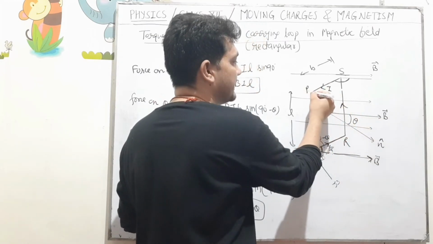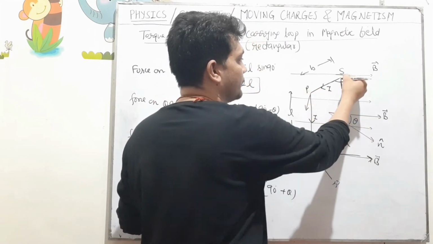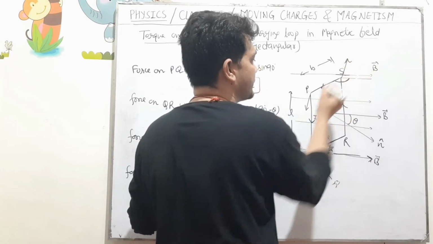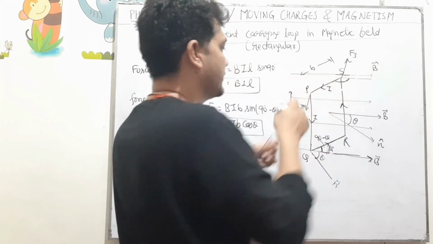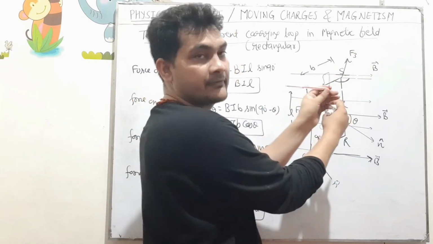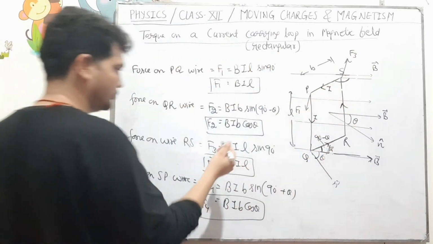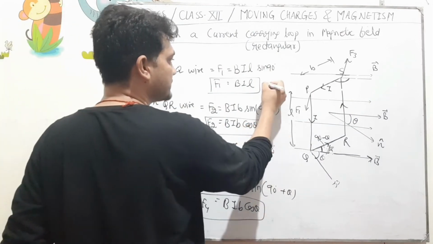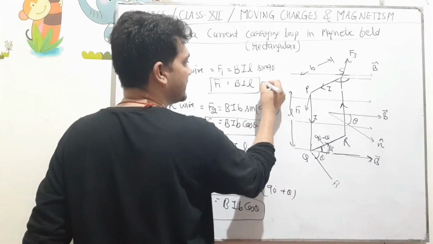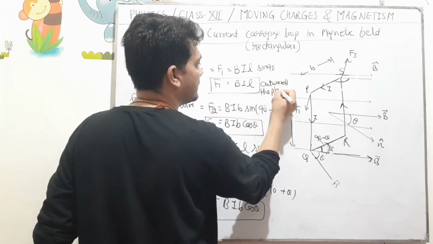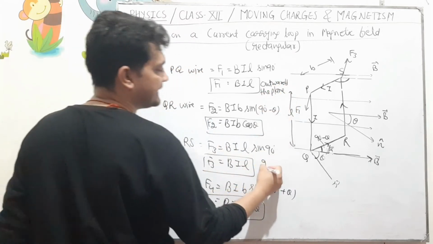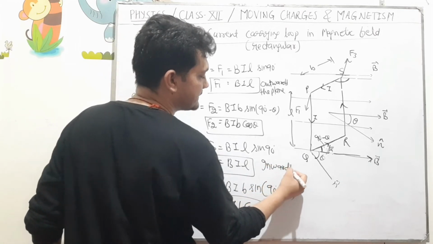It is F1, it is F3, and they start rotating the coil like this. So we represent the direction of force: F1 is outward from the plane of the board, and F3 inward into the plane of the board.